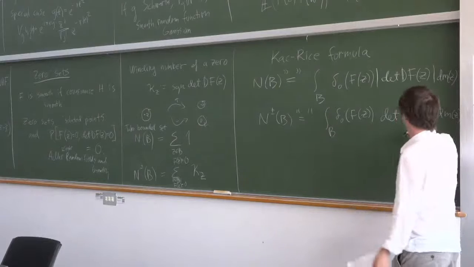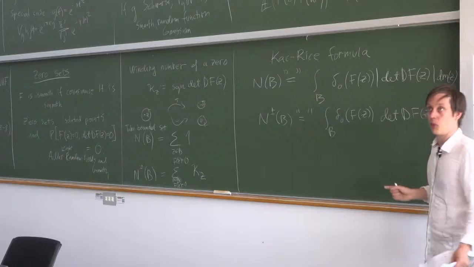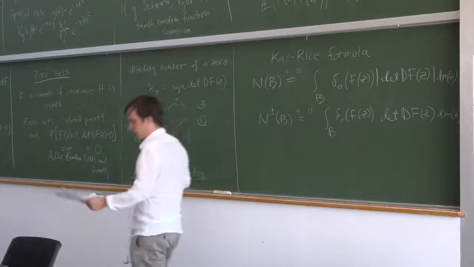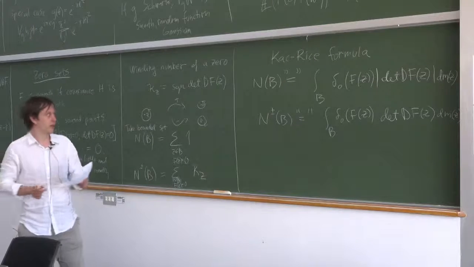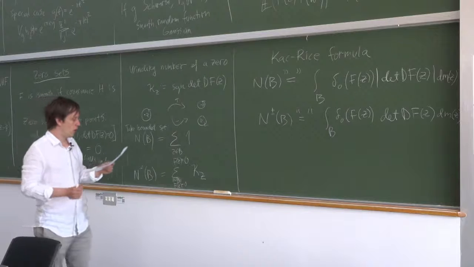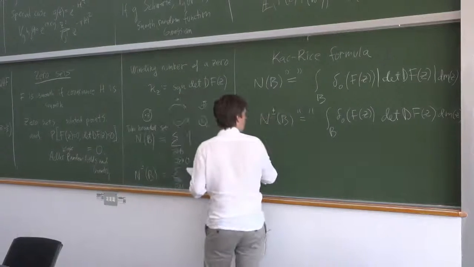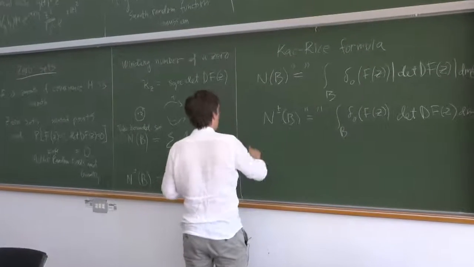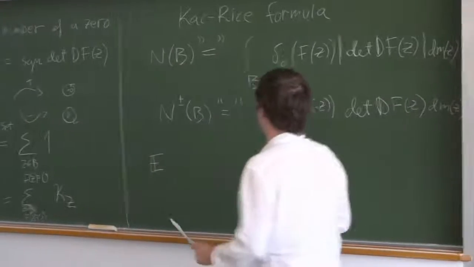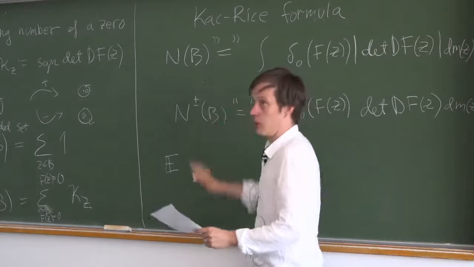And in fact, it turns out that this is nicer to work with. The absolute value creates some problems for you. It's more difficult to understand. So, okay, these are a bit formal, but these representations are quite useful when you try to compute the moments of these random variables.